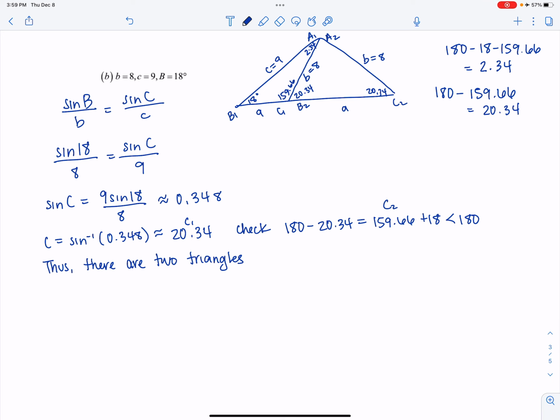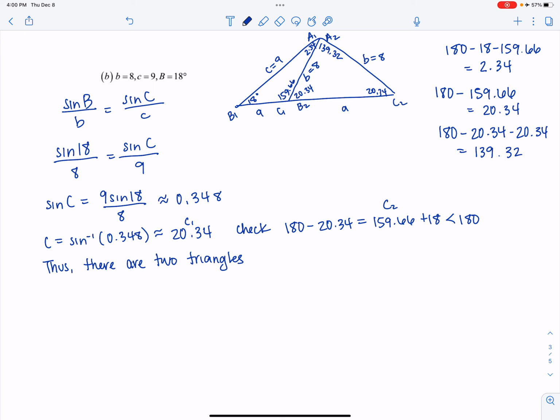And then to find this angle, A2, we're going to subtract 20.34 and 20.34 from 180 because that triangle has to equal 180. So 180 minus 20.34 and another 20.34, which gives us 139.32. So this angle is 139.32.